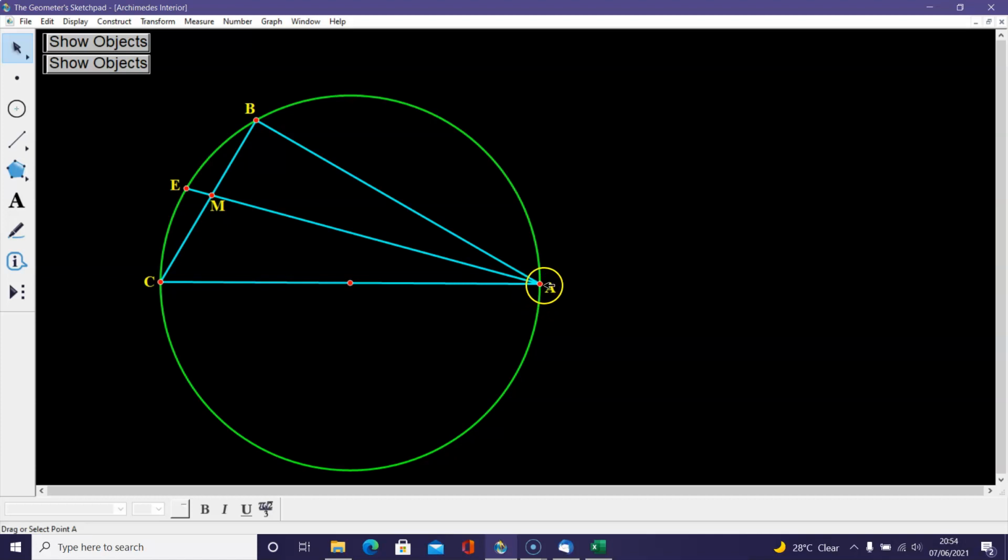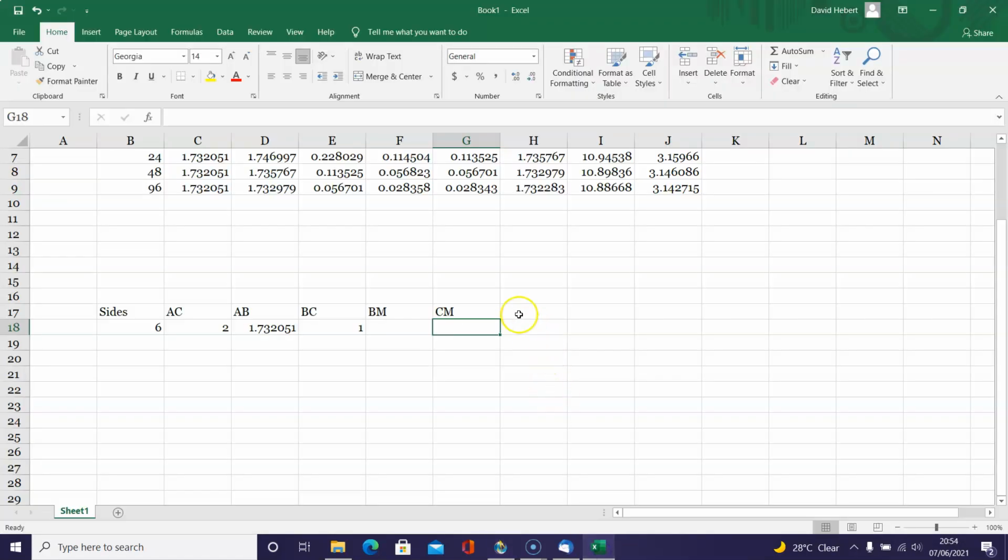The question is now I need to get A to N. And I'm going to do that because it's part of a right triangle. ABN is a right triangle, and I now know the length of A to B and the length of B to N. So now A to N will be determined. So this is going to be AN next.